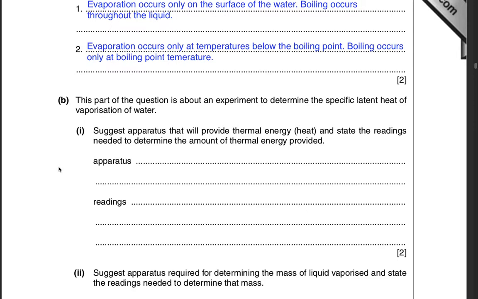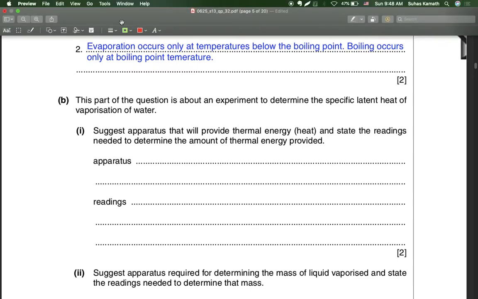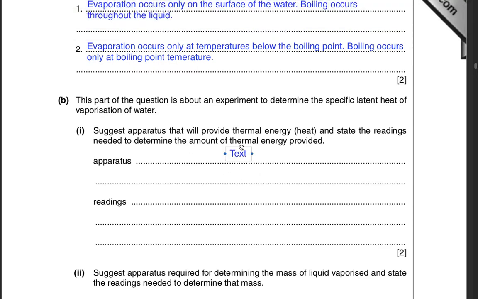Of course, energy provided is equal to capacity multiplied by mass multiplied by difference in temperature. So of course you need some heating element, or maybe you can have that kind of feature, the immersion heater.